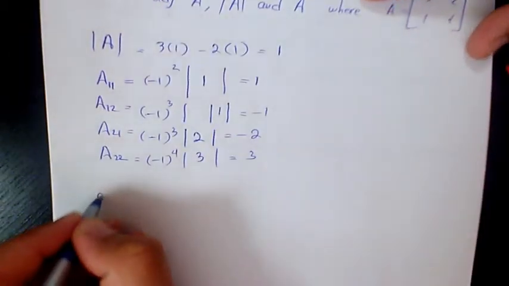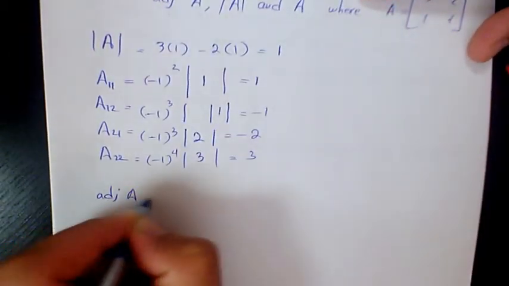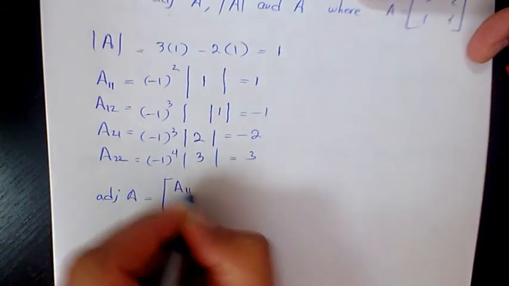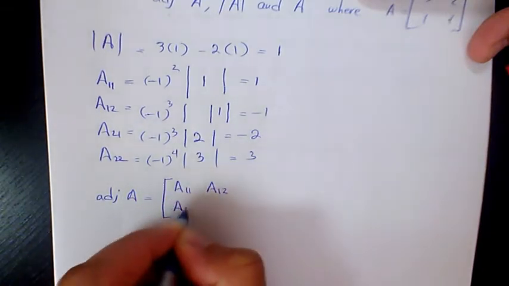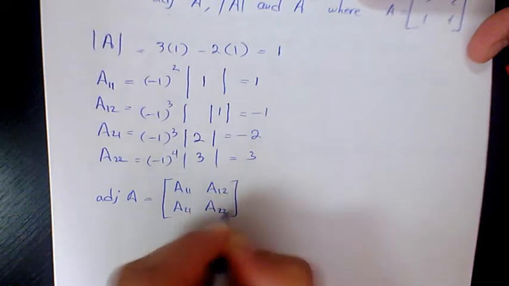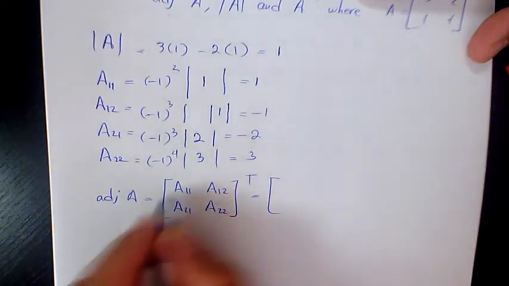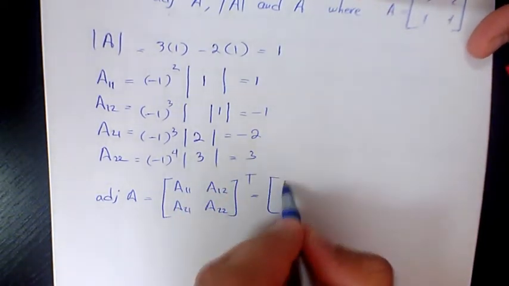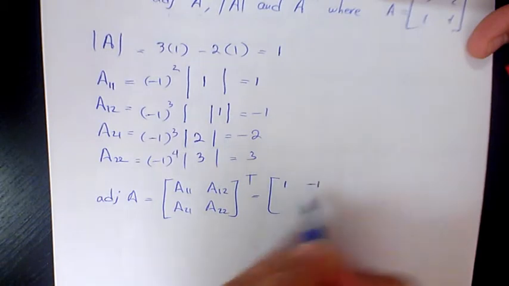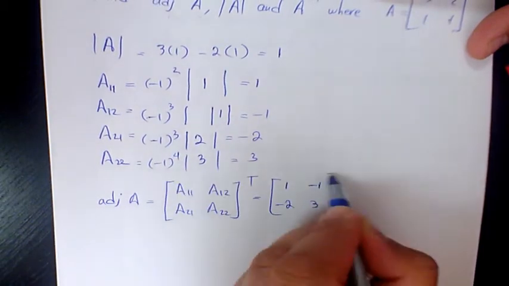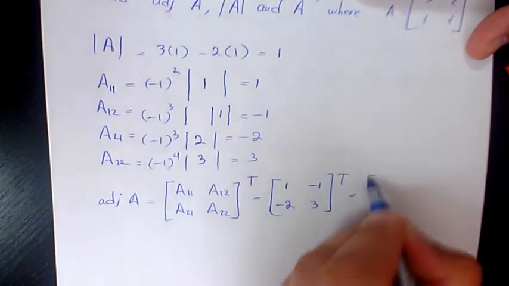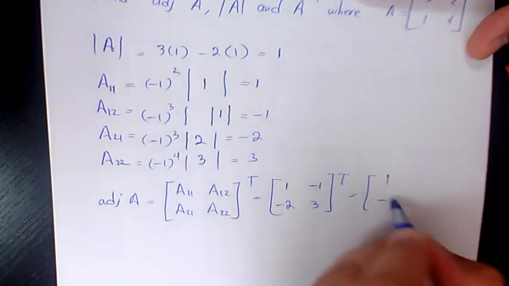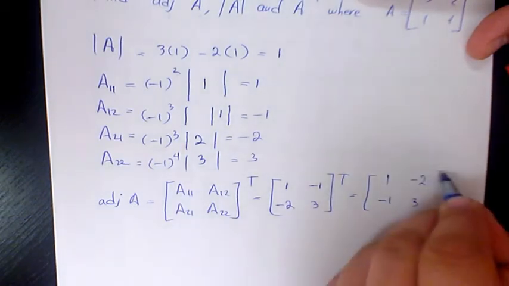So adjoint of A is basically the transpose of this matrix, which we already got these numbers, 1, -1, -2, and 3 transpose. That will be 1, -1, -2, and 3.